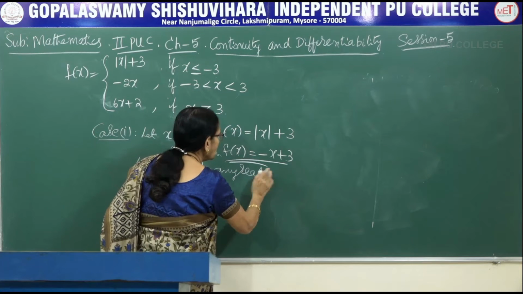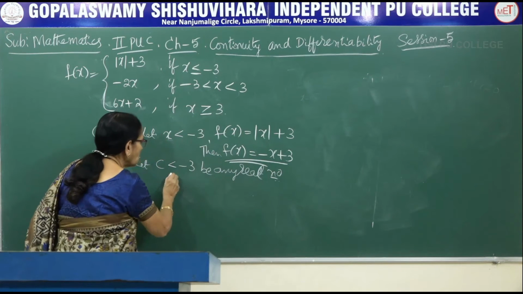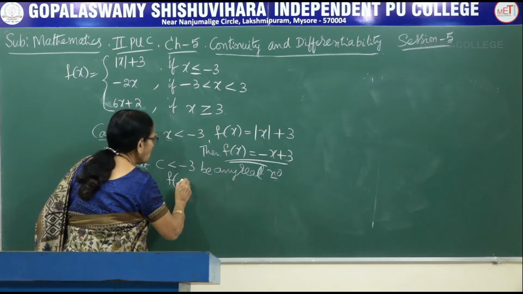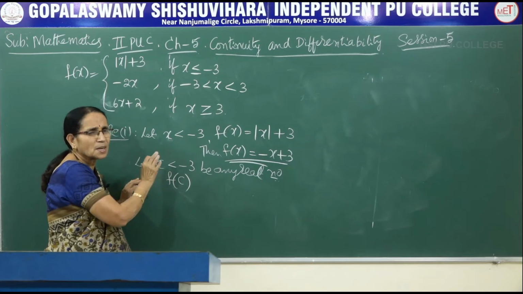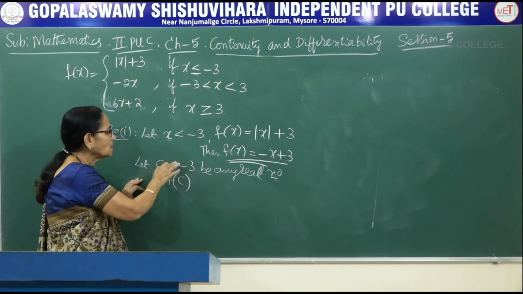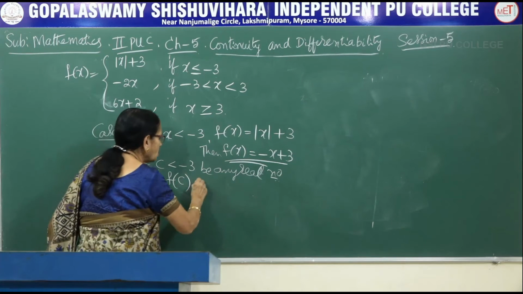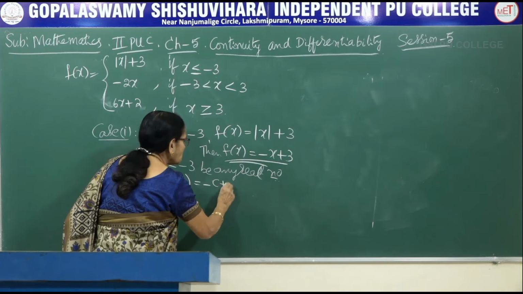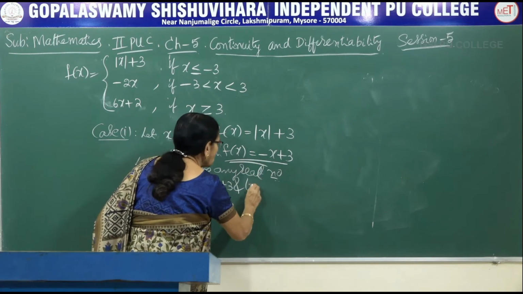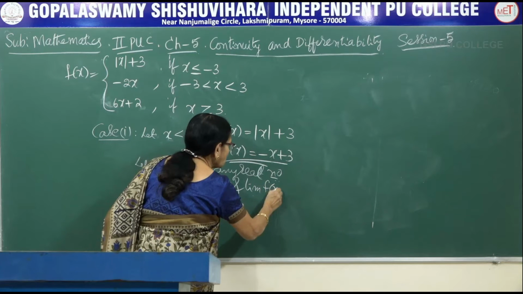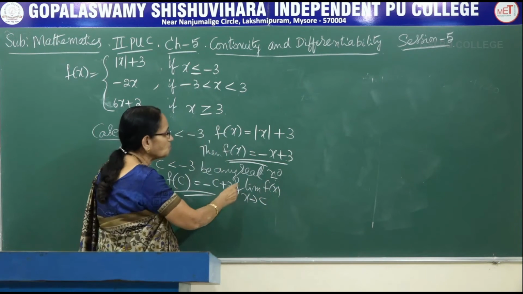I am not giving any particular value for c. c is some real number which is strictly less than minus 3. Then f of c would be minus c plus 3, and find the limit of f of x as x tends to c.